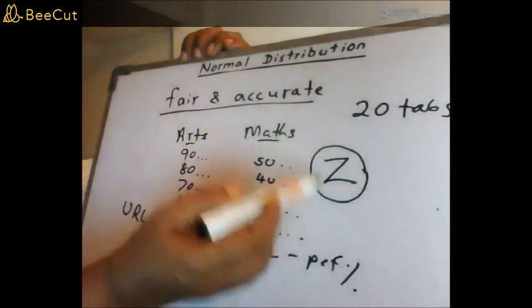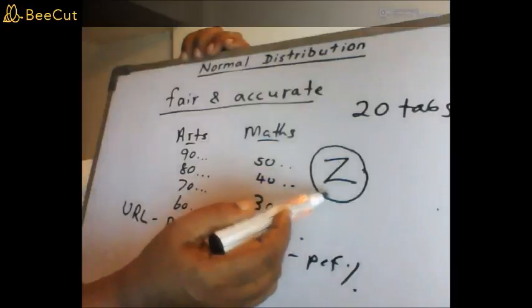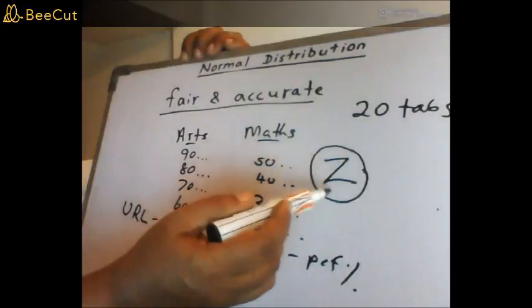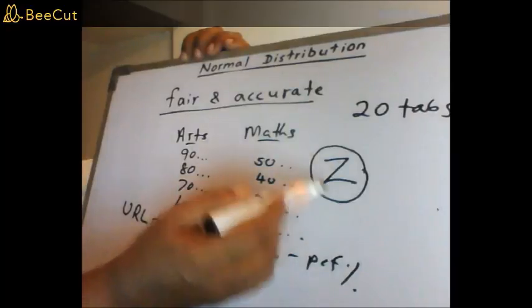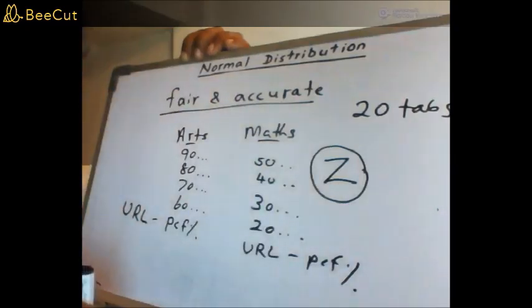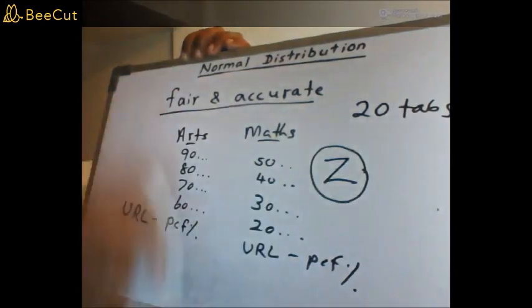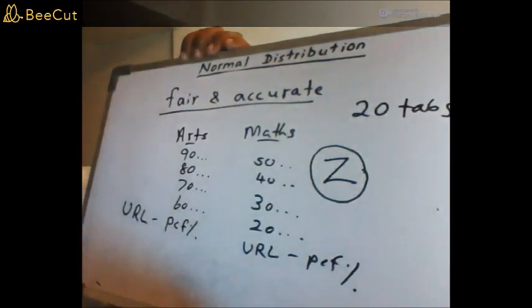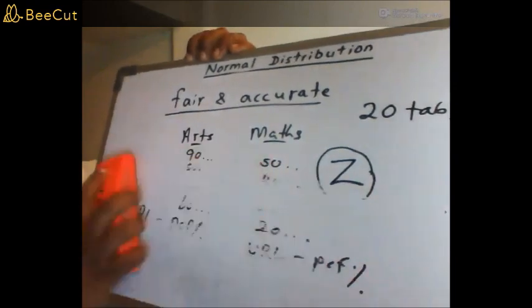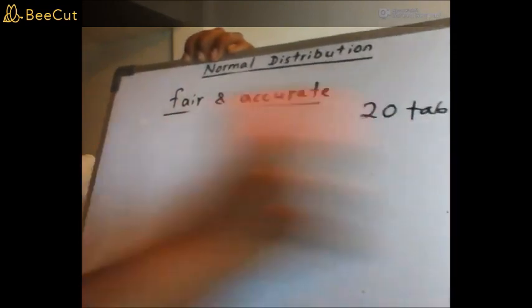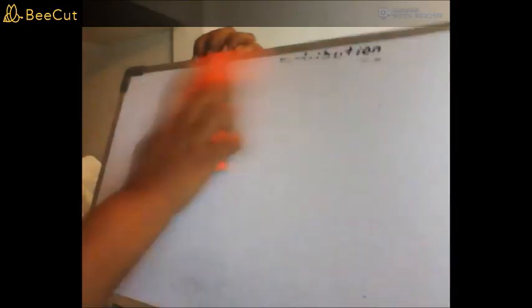Within that subject, within that stream, what's the position a child gets? That's the Z score, right? Then we can make fair and accurate judgments. We can do the comparisons, all these things. Now we'll study this normal distribution.